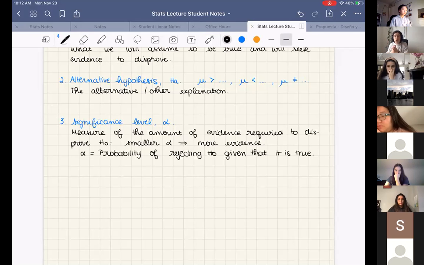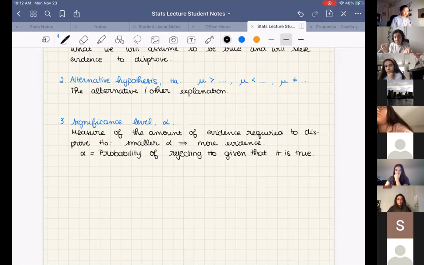Because remember, we are always assuming that the null hypothesis is true, and then we're trying to look for evidence to disprove it. But sometimes you can get results that are extreme just by random chance. So there's always a chance that you will reject the null hypothesis, even though it is true, right? Now, what we are trying to adjust with the significance level is how likely we are to make that mistake.